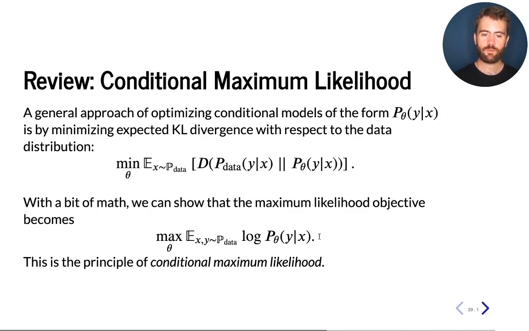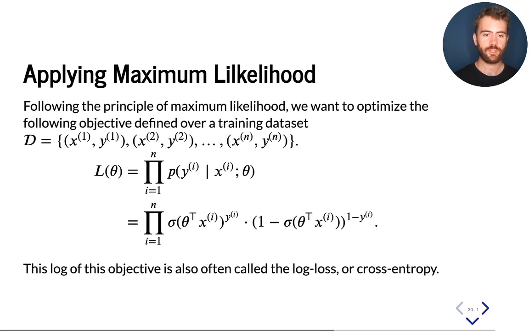So this is a very general objective that is interesting for many reasons, in addition to optimizing the KL divergence. And so we are going to use this objective for training our model that we have just defined.